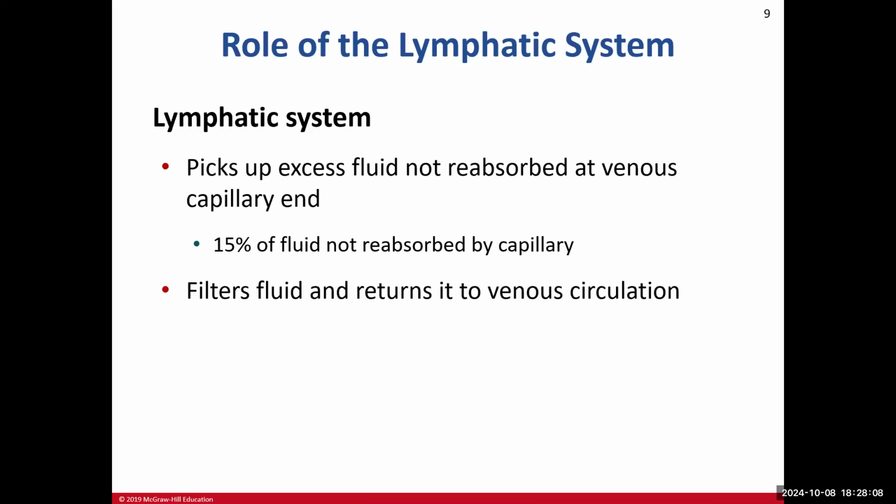You'll get an increased amount of fluid that has come to an area. When the hurricane came through, we saw a lot more water, and where does that water go? It goes into the storm drains. Here, our lymphatic system is going to act like the storm drain. It's going to drain off the excessive fluid that was not resorbed by the capillaries, and that's usually around 15% or so.